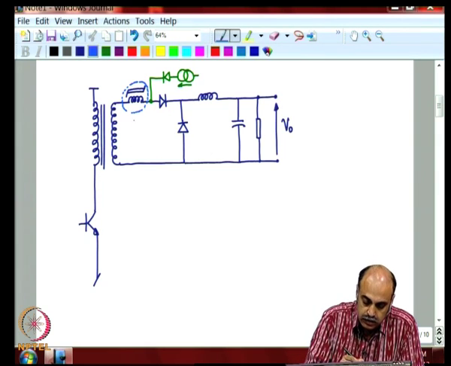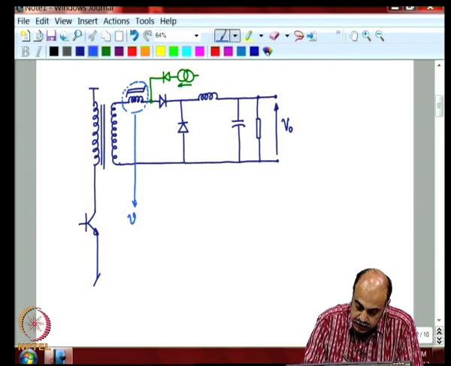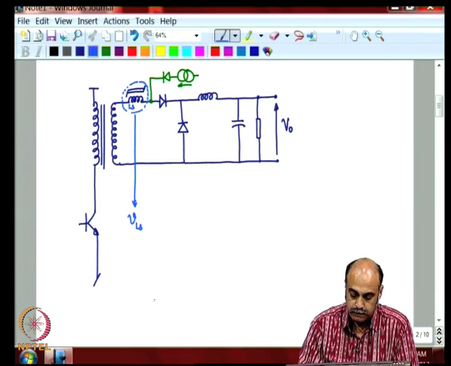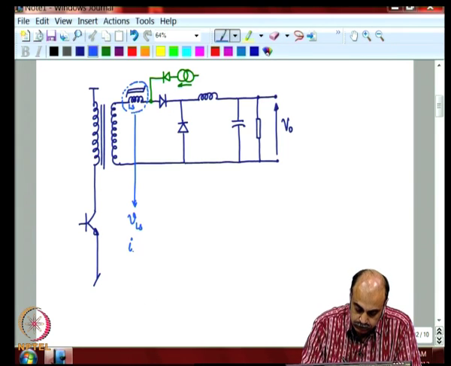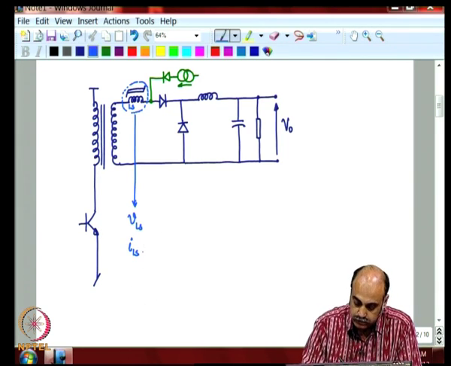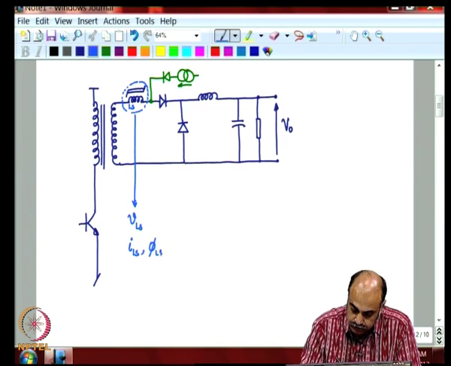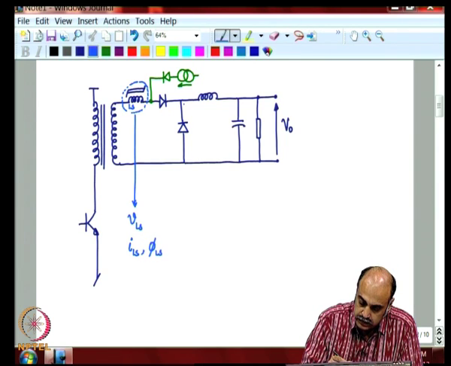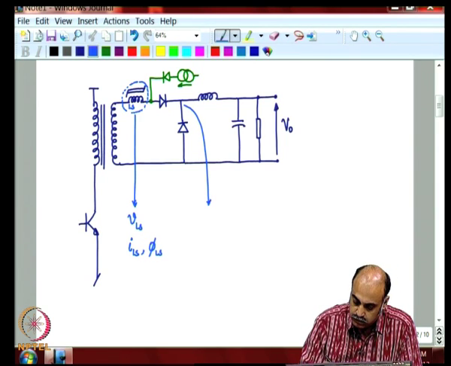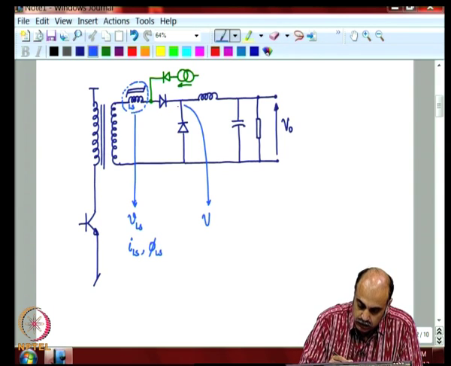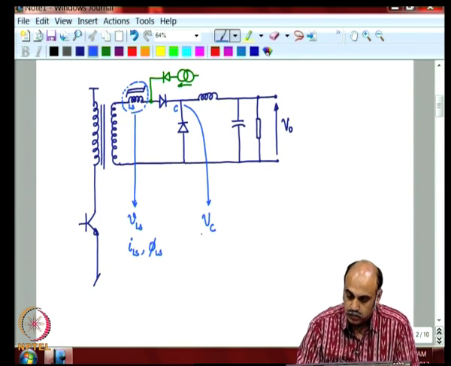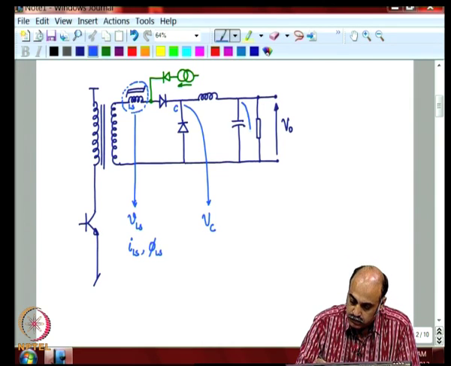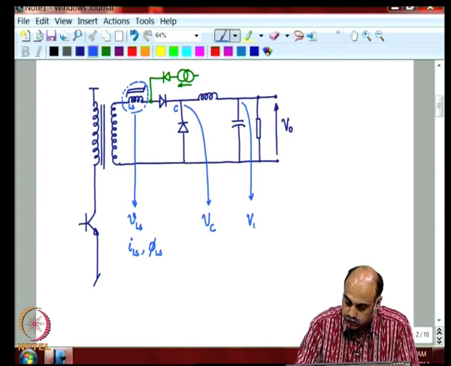The voltage across that, this is called Ls, the current through that, and of course the flux in it. And then as a consequence, let us look at the voltage at this point. We will call this point C, voltage at C, and then the voltage V naught at the output.